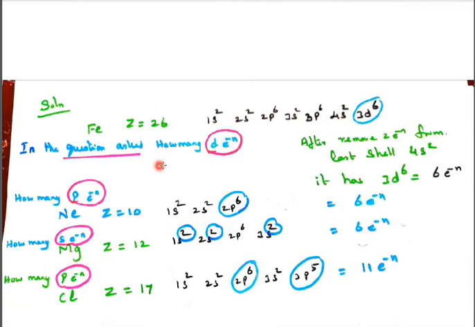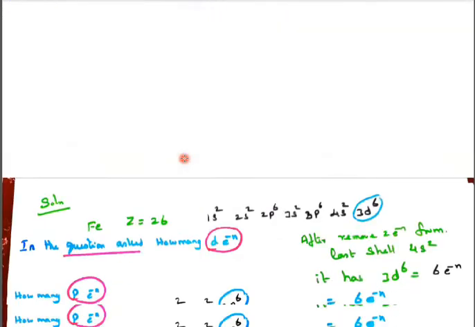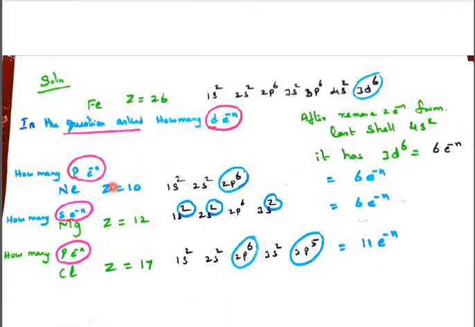So after removing the 2 electrons from the last shell, I mean the highest quantum number 4s, it has 3d6, 6 electrons in d orbital. How many p electrons? They said first d electrons in ion, then p electrons in neon. For neon, atomic number is 10: 1s2, 2s2, 2p6. How many p electrons? 6 p electrons.